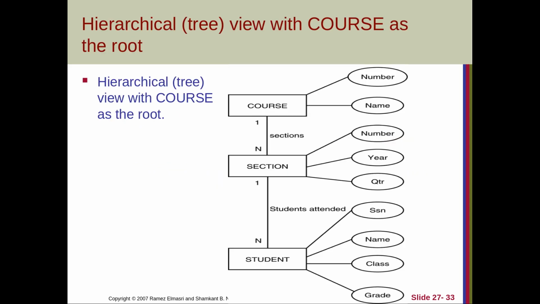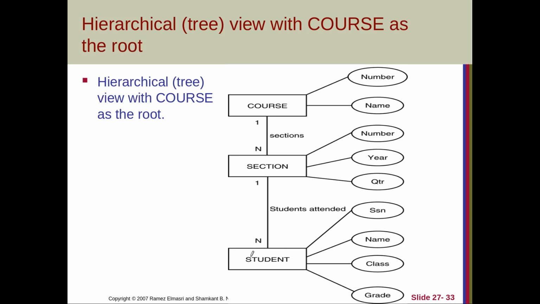Now we will see another hierarchical tree view with course as the root element. Another example, to see how these members are actually related. Under course we can see two attributes, number and name, and under course we have a section, and each section will have number, year and quarter, and some students.